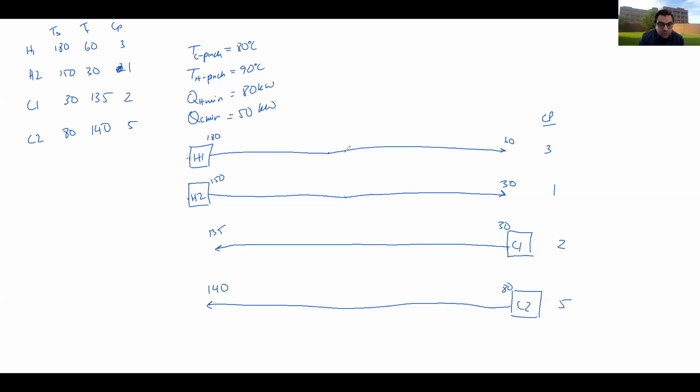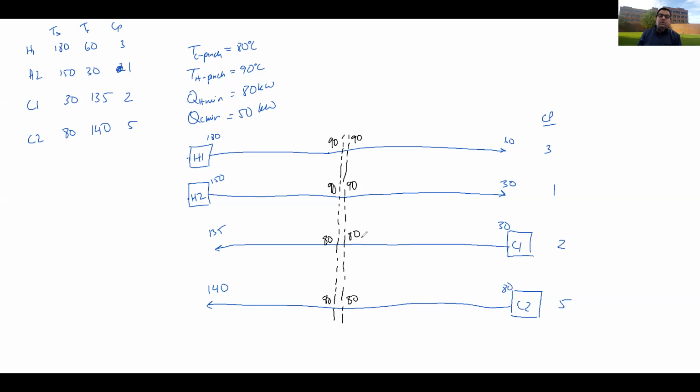So we said the pinch point is 80 for the cold and 90 for the hot. So I'm just going to draw a line right here. And the pinch point for the hot streams will be 90, 90. And for the cold streams will be 80, 80.